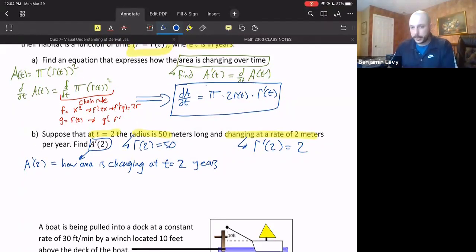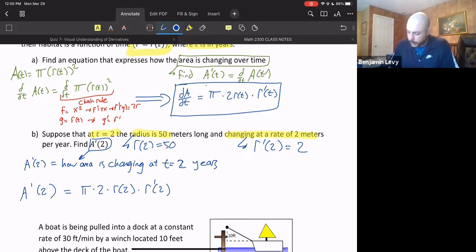And so we just plug all this stuff into our formula, right? We want A prime of 2, which is pi times 2 times r of 2 times r prime of 2. And we have all those pieces of information.